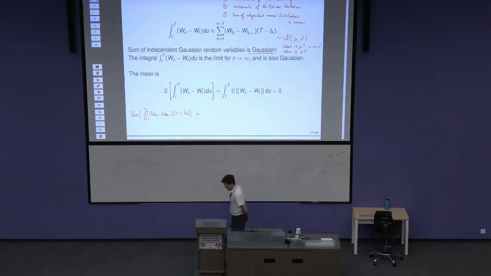Now you know, if you want to compute the variance of x1 plus x2, let's say, then it would be the variance of x1 plus the variance of x2. But you also have to take into account the covariance, so you have something like 2 times the covariance of x1, x2.